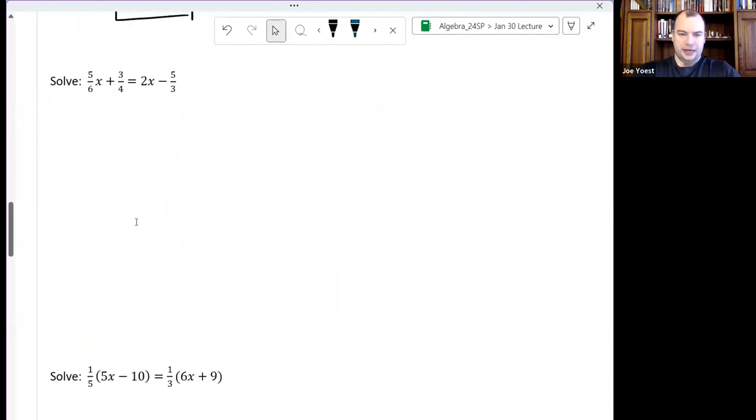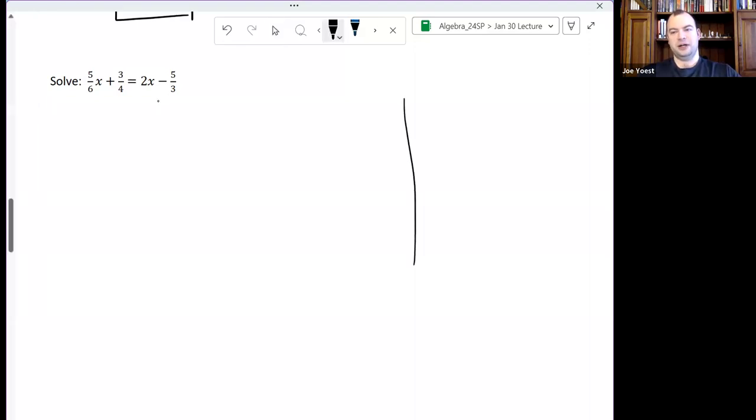Okay, so let's look at this next problem. This is a similar setup to the previous one. We have fractions involved, but the fractions don't have the same denominators. So again, we'll come over here into some scratch work, find our lowest common denominator.